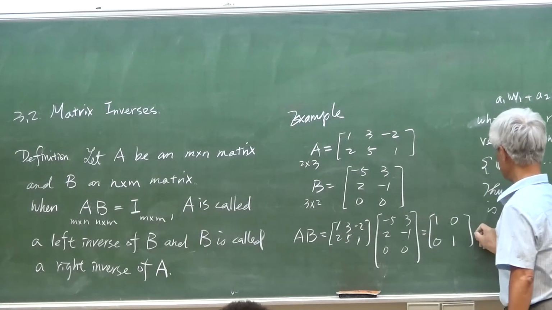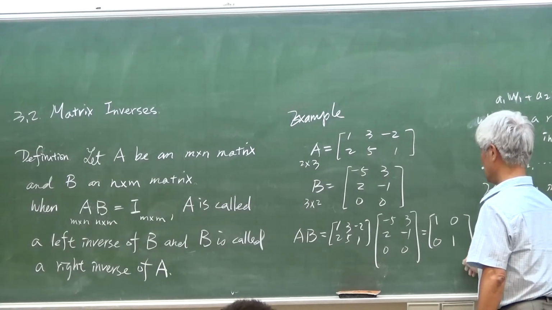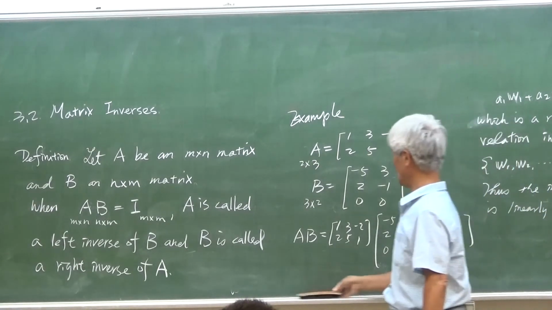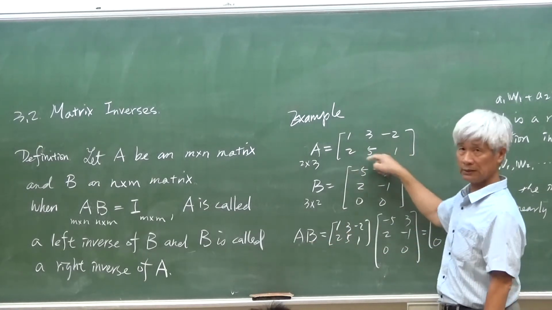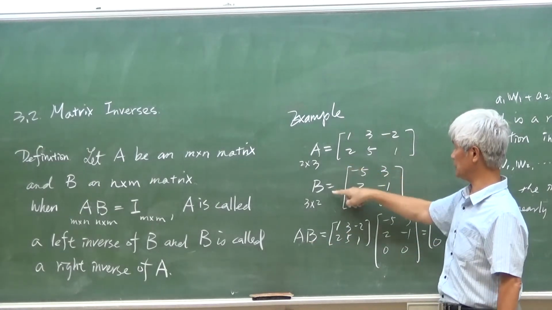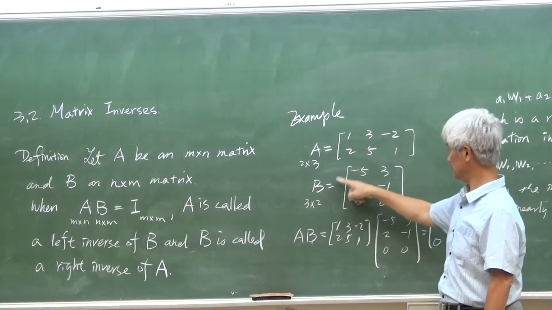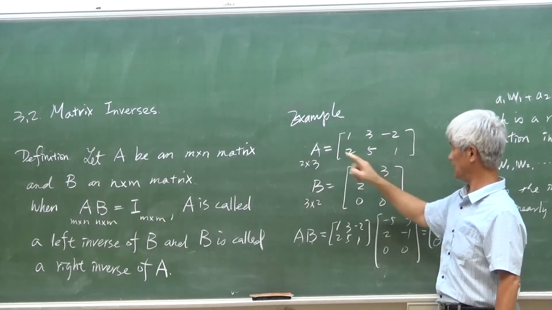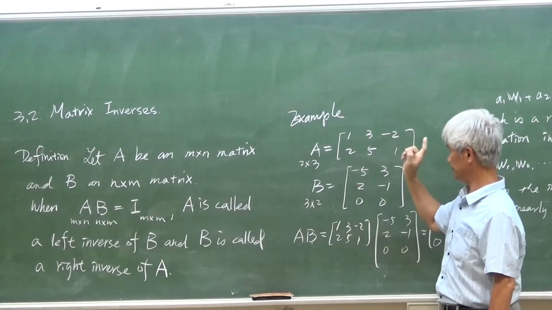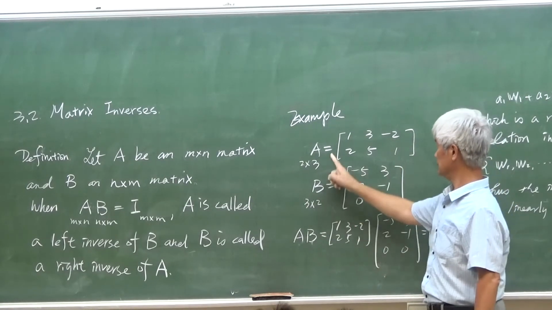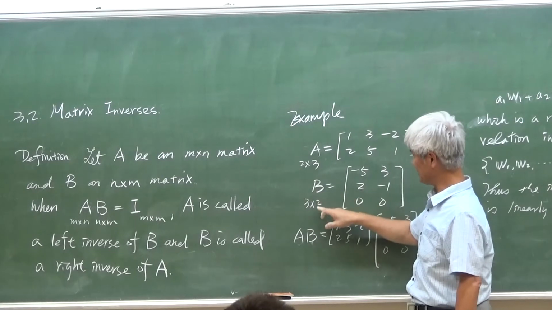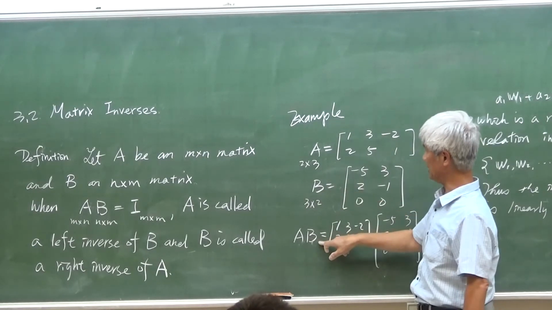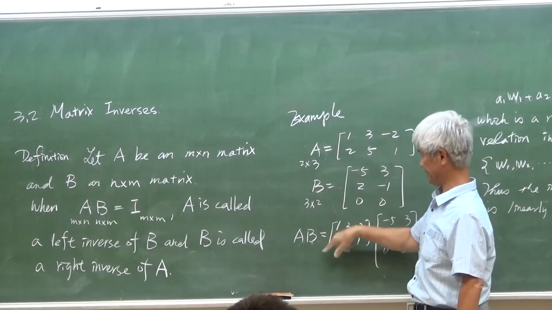Okay. So this is the identity matrix. So A is the left inverse of B, and B is the right inverse of A.